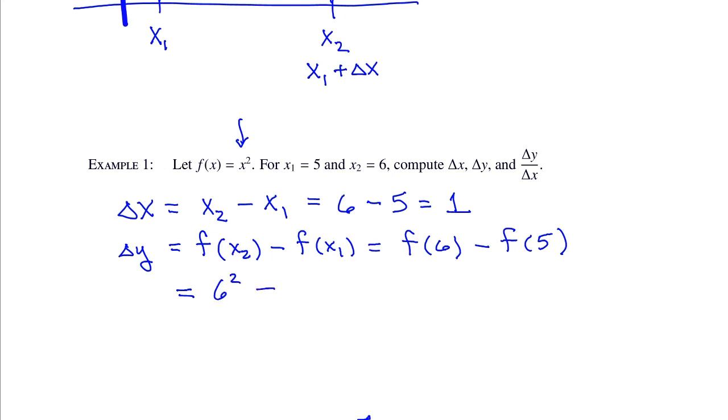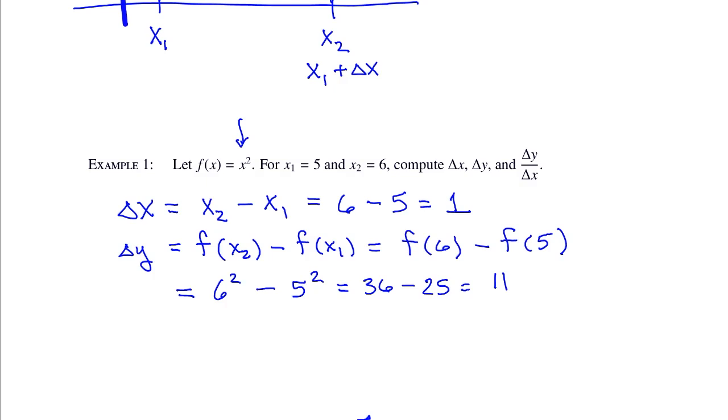Minus, we take 5 and we square it. So we get 36 minus 25, and that is 11. So the increment for y from the points where x1 is 5 and x2 is 6 is 11. We're going up by 11.